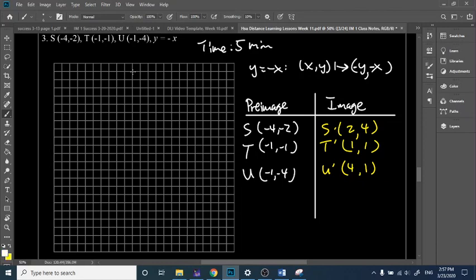Let's see, looks like we just need 4s all around again. Yay, less writing. So 1, 2, 3, 4. 1, 2, 3, 4. 1, 2, 3, 4. 1, 2, 3, 4.